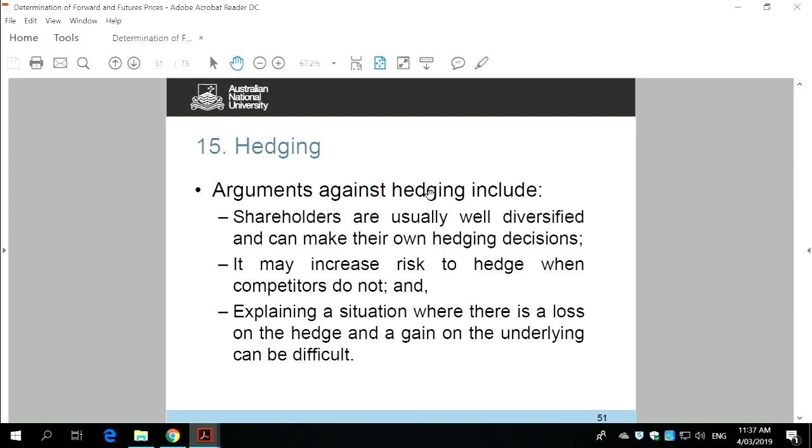But at the end of the day, the company should still hedge. Why? Although you're holding a diversified portfolio, imagine that Qantas did not hedge and made billions of dollars of loss. Other grumpy shareholders would use their right to vote out the current management team. They have the right to replace the board of directors.